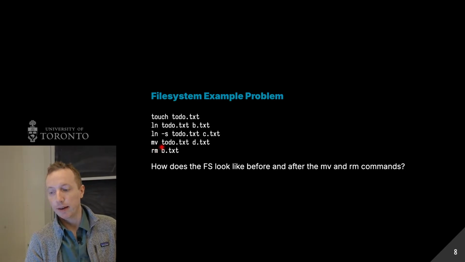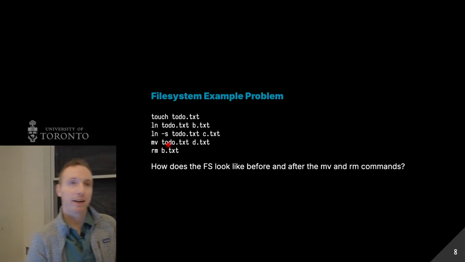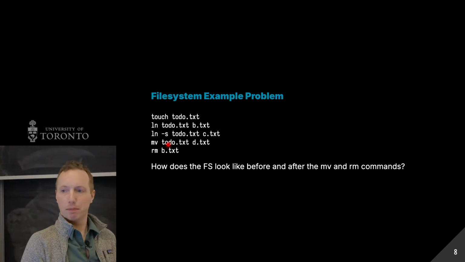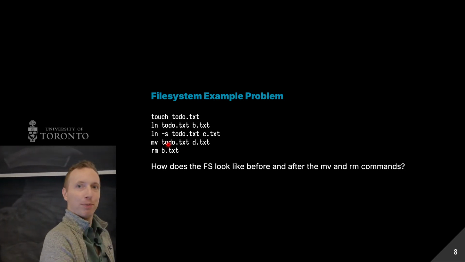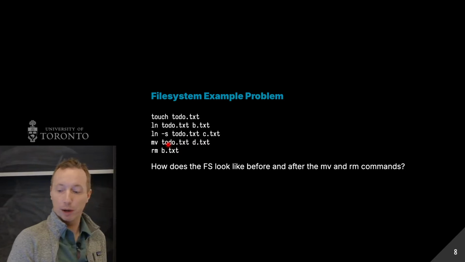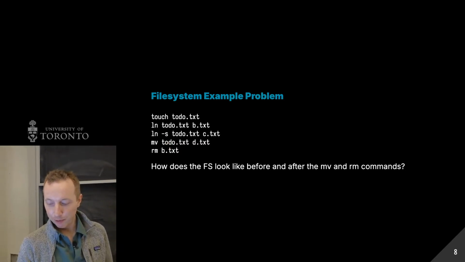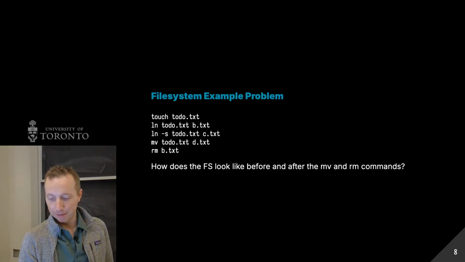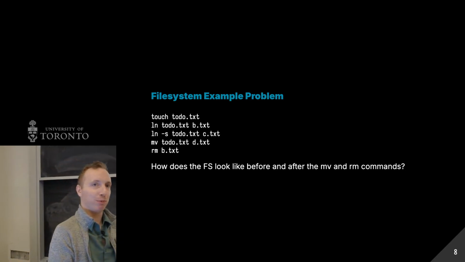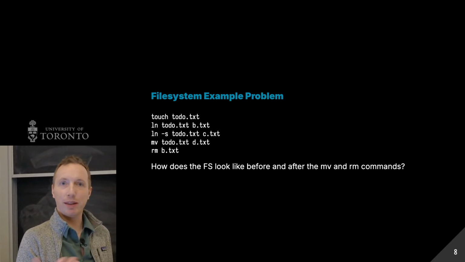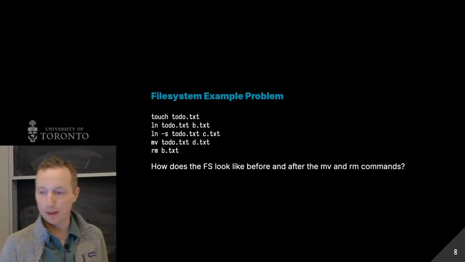If I do this move command, you might think it's called move because it moves a file. Well, it doesn't do that. The move command really just renames the name. It doesn't do anything with the inode, doesn't move the contents or anything like that.